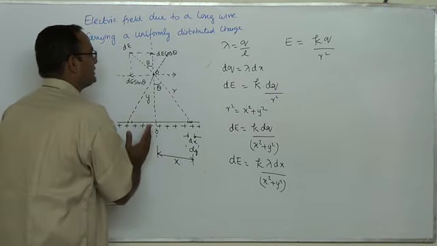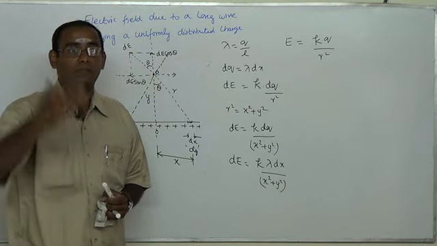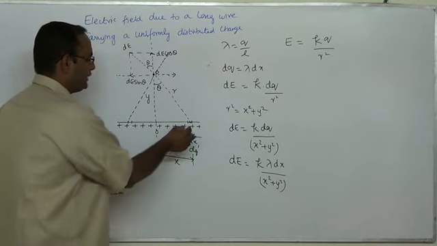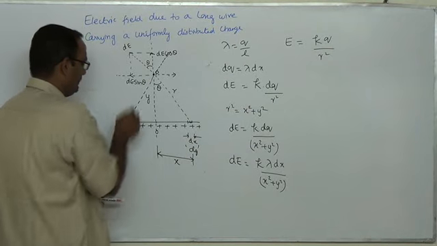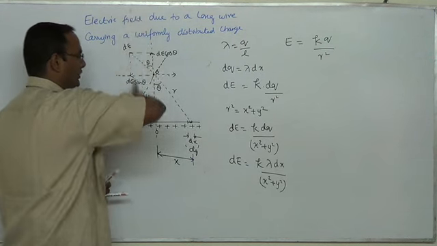All the vertical components are pointed in the same direction and therefore they get summed up. The vector of this is in the vertical direction, and if we take another element, the vector of that element will also be there, dE cos theta.